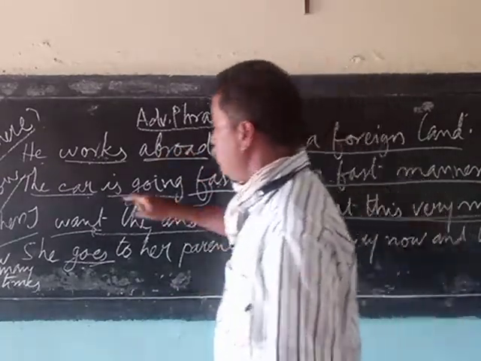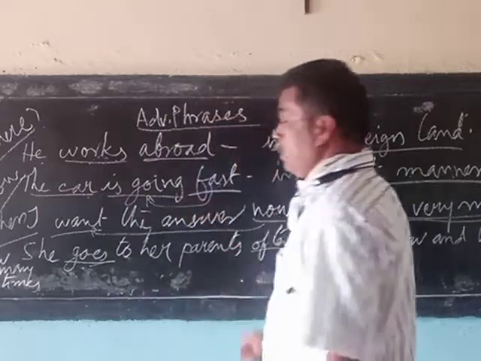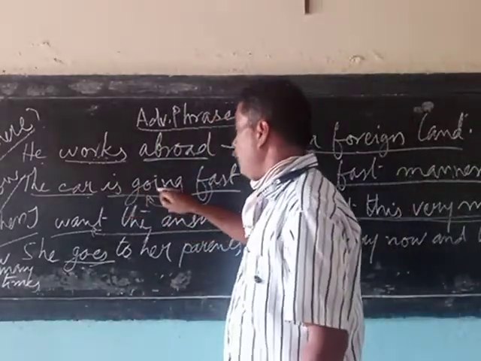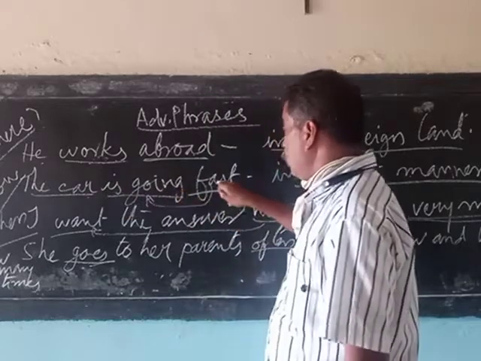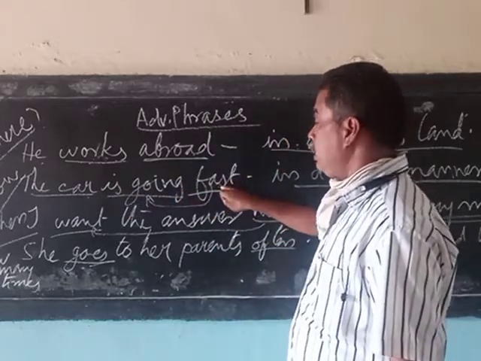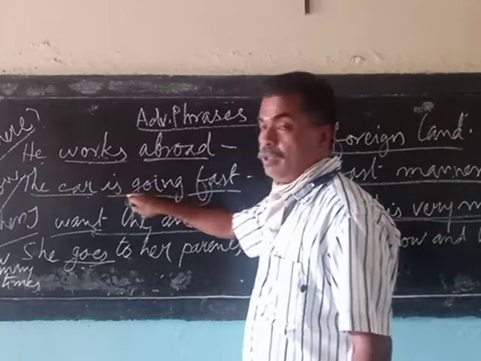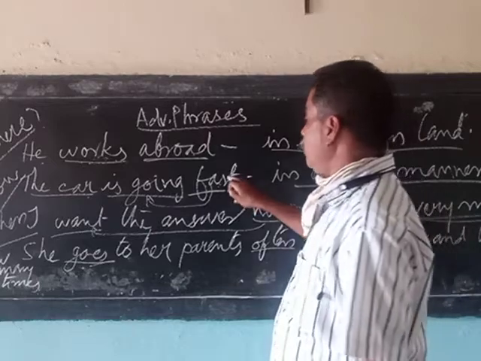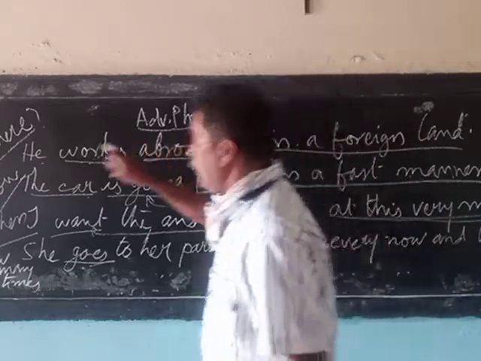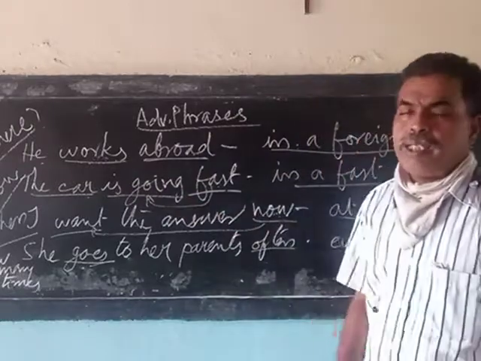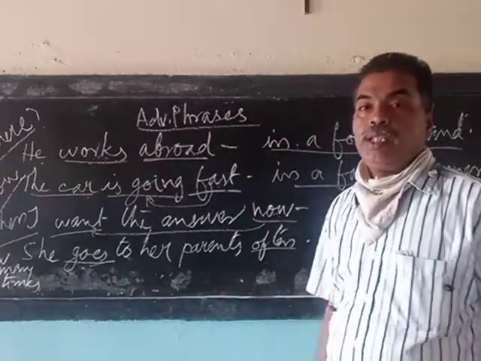Now let's look at the next one. The car is going very fast. Is going is a verb, and how does it go? Fast. This is the adverb, and this is the verb that is modified by it. This fast is telling how the action of going takes place, at a very high speed, quickly or swiftly.